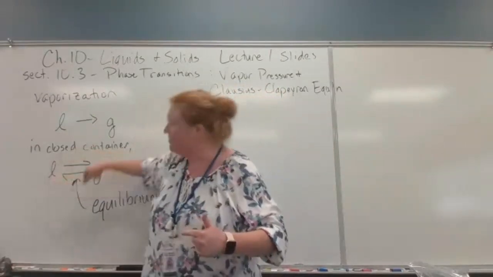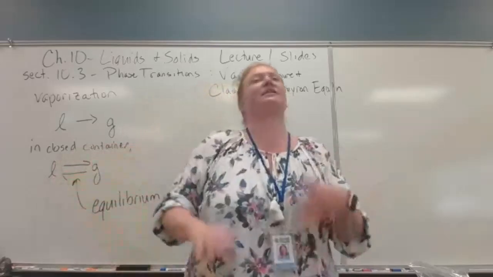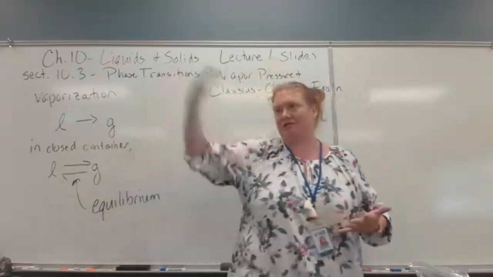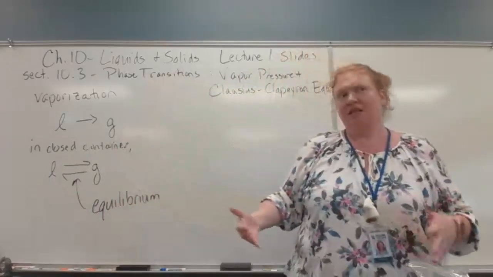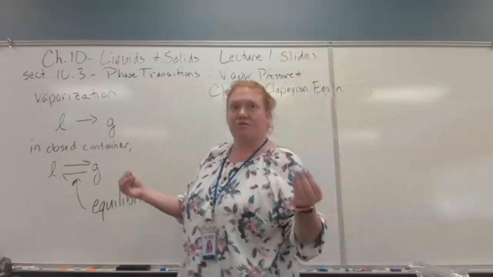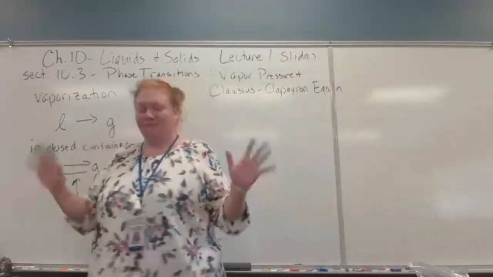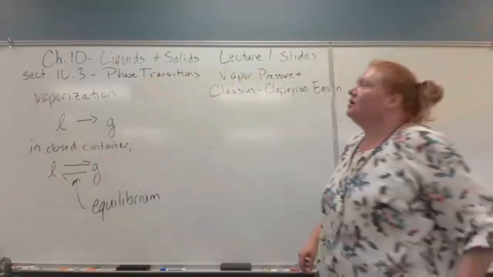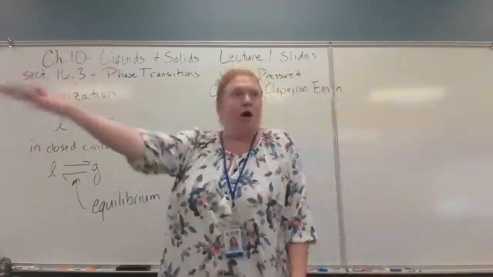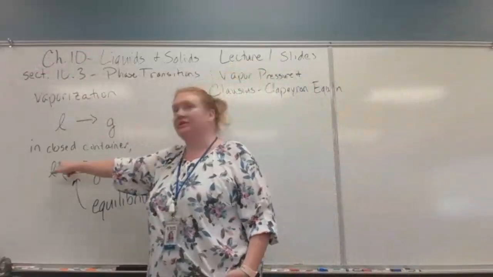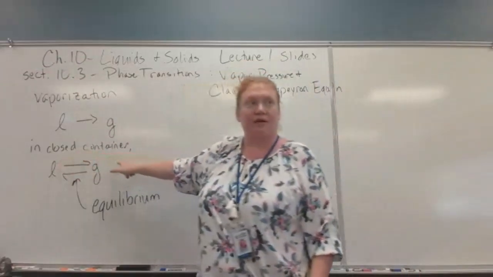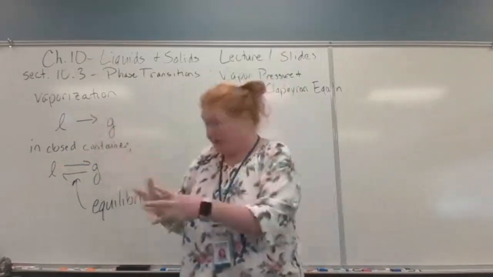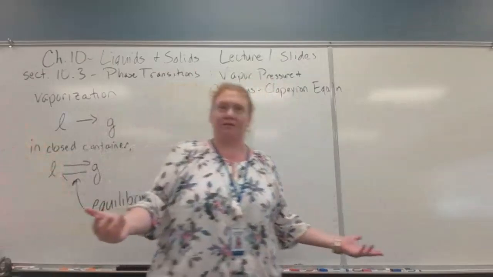That's vaporization. What's this process, the backwards process? Condensation. That's what equilibrium is about, the rate being equal. Just keep that in mind for when we get to further chapters. Equilibrium is not about amounts being equal, it's about rate being equal. But you guys can see that in the water bottle, right? Some of the liquid at the surface vaporizes, and then that gas condenses back down to liquid. That's why we see the droplets.